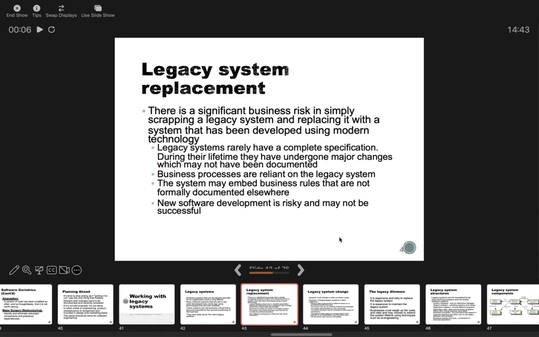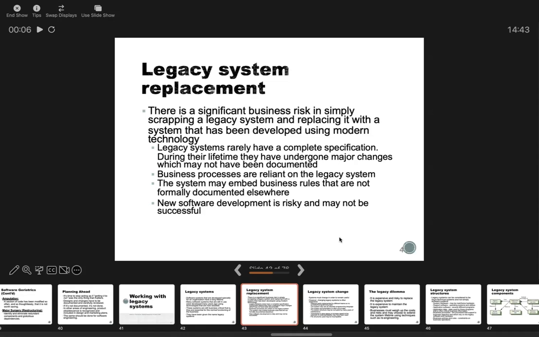So in the legacy system, the replacement is not actually so easy because there is so much business risk. Only scrapping the legacy system and replacing it with another system could be doable.